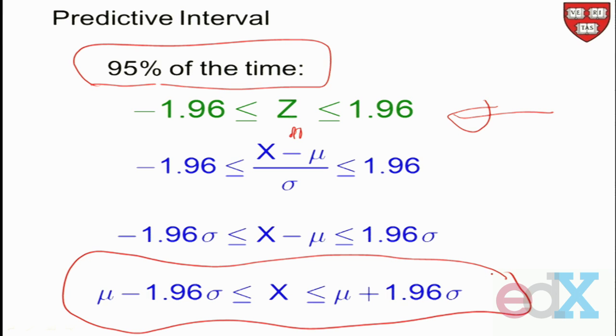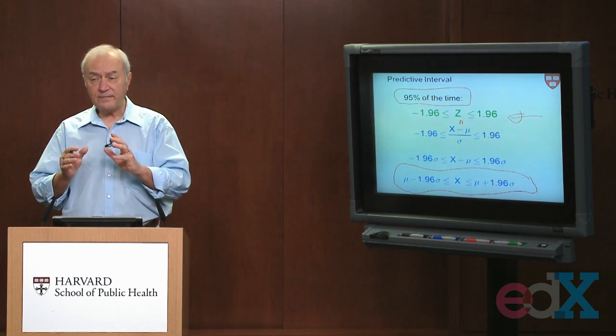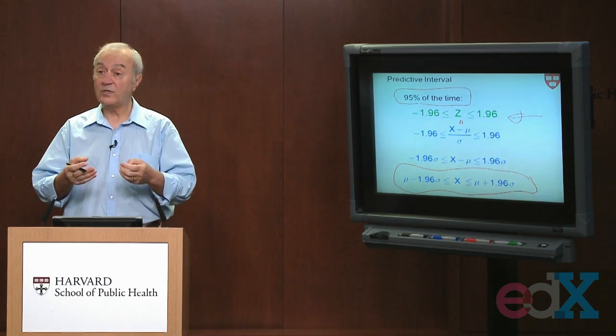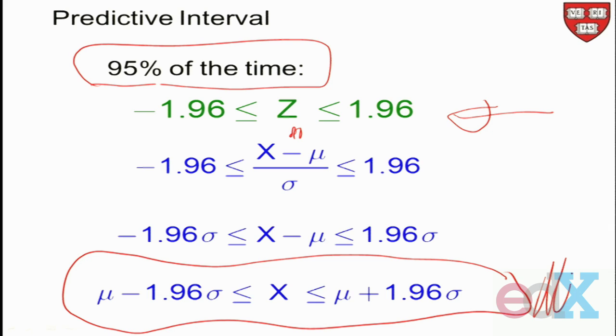What this says is that if we predict x, which is normally distributed with mean mu, standard deviation sigma, we don't know what it's going to be, but 95% of the time, it will be within plus or minus 2 standard deviations of its mean. That's what this says, right there.